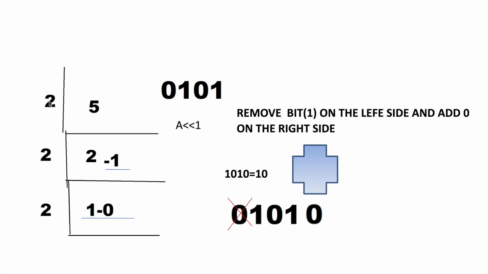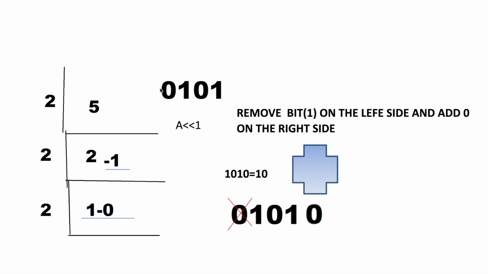I have to divide 5 by 2 because it's binary. 2 twos are 4, remainder is 1. Then 2 ones are 2, remainder is 0. So you can see 101 is the binary value of 5.